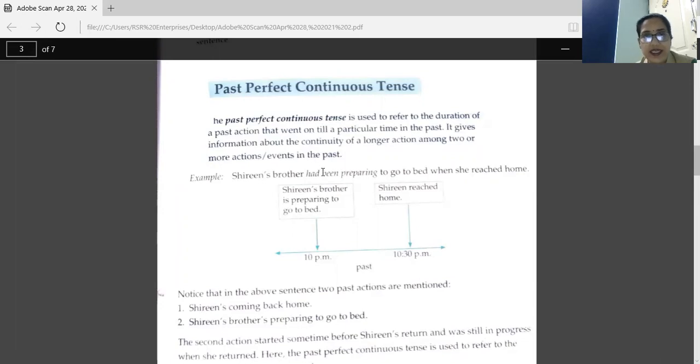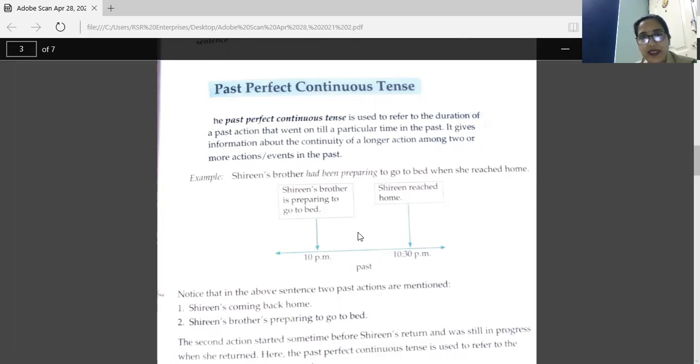Let's see the sentence, then I'll explain. Shireen's brother had been preparing to go to bed when she reached home. In this also we have two actions mentioned. One is reached and one is preparing. Now, when this thing happened, reached, what they were doing, which they started before, and at this time also it was going on.